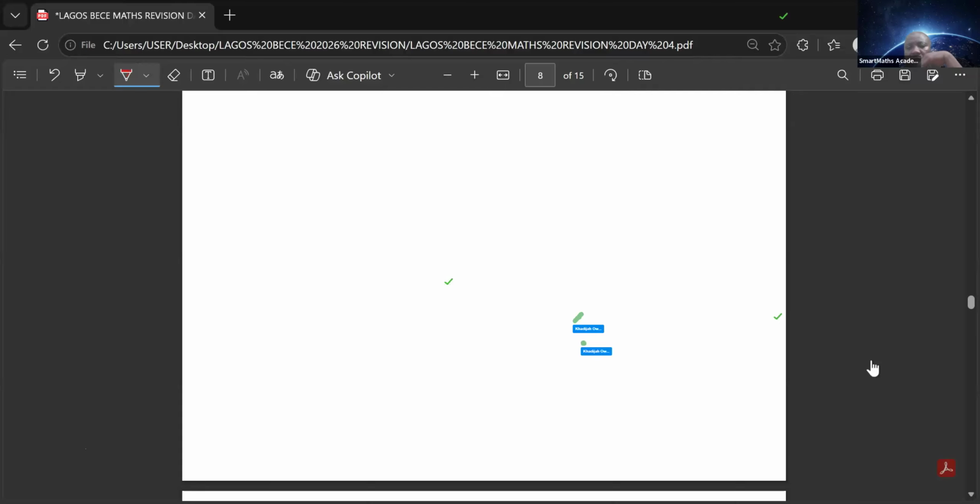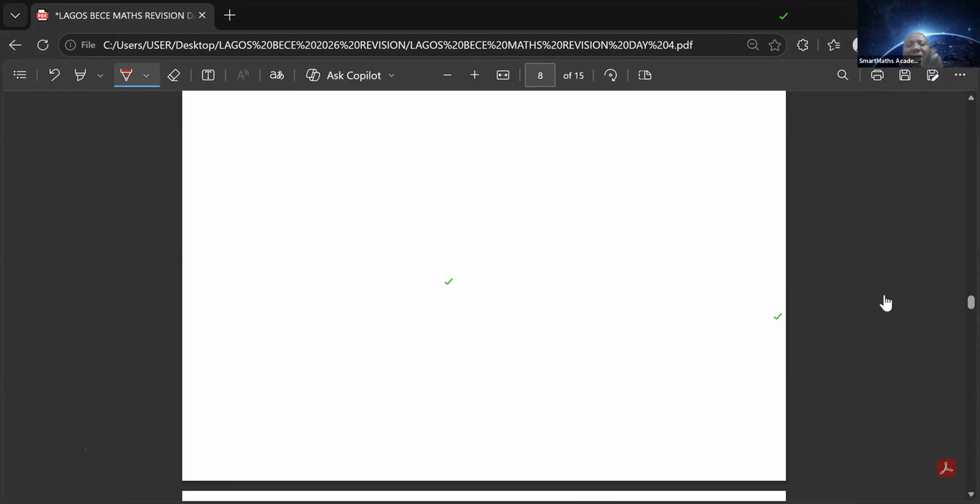So, vowels in English are A, E, I, O, U. How many vowels do we have here? We have A, we have E, we have another A making 3, and we have I making 4. So 4 letters in the word mathematics are vowels.